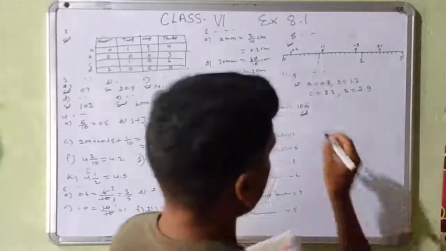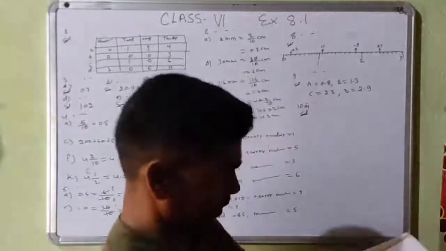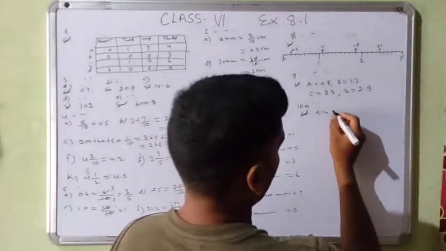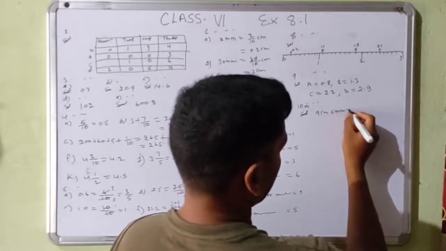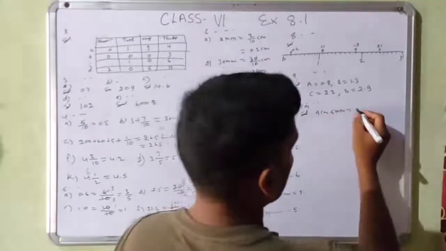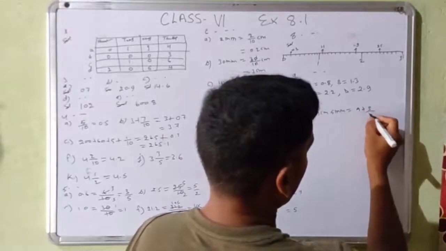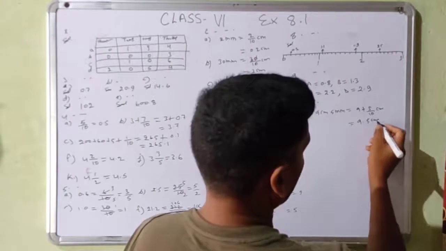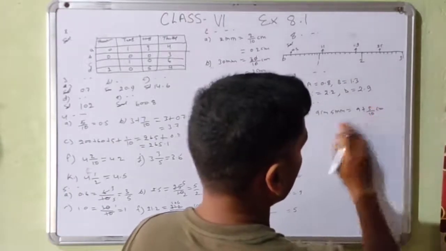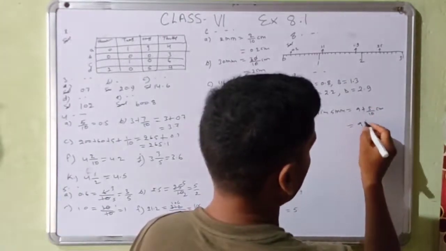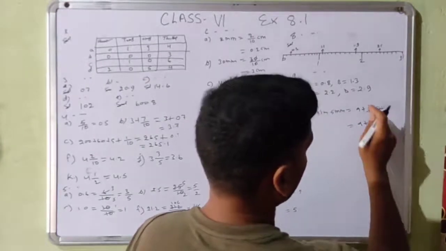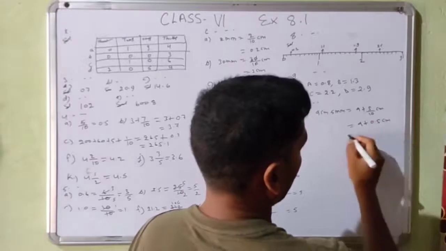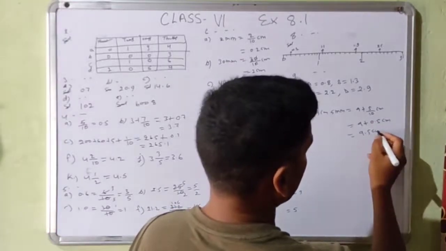That is 9 centimeter 5 millimeter. So that will be written in centimeter. So 9 plus 5 upon 10 centimeter. So that will be 9.5 centimeter. Or you can also write 9 plus 0.5. When you divide 5 by 10, then it becomes 9.5 centimeter.